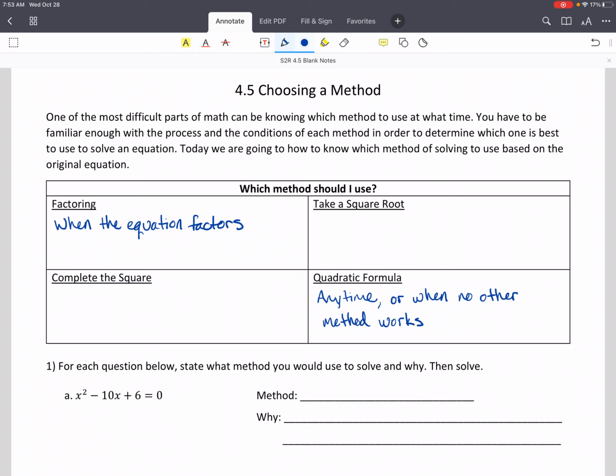We can complete the square when a equals 1 and b is even. And remember, this is coming from standard form, ax squared plus bx plus c. So if there's no coefficient in front of my x squared, that means there's an invisible 1. So that's when a equals 1, and we want our middle coefficient to be even.